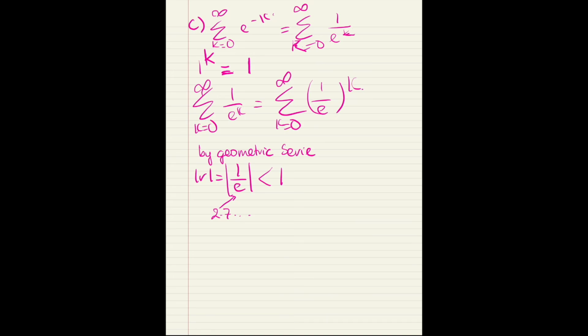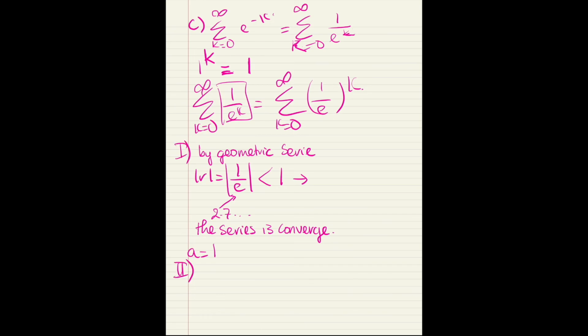By that, we can conclude the series is convergent and a equals 1. How do you know a equals 1 even though it doesn't appear here? Because everything times 1 equals that number. So this is question 1.